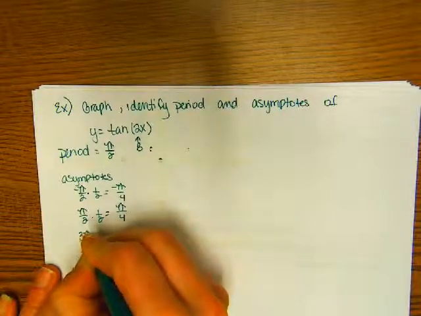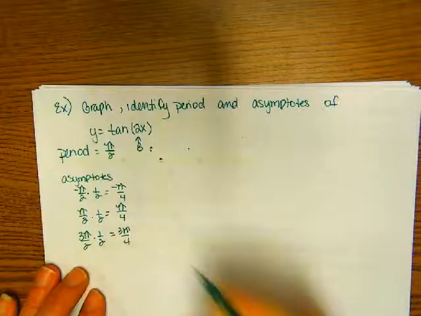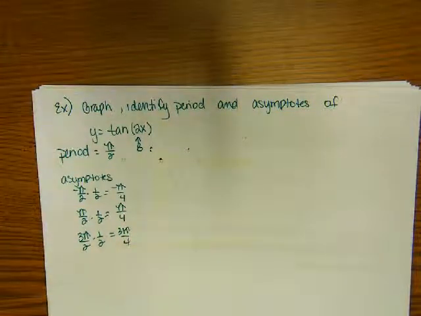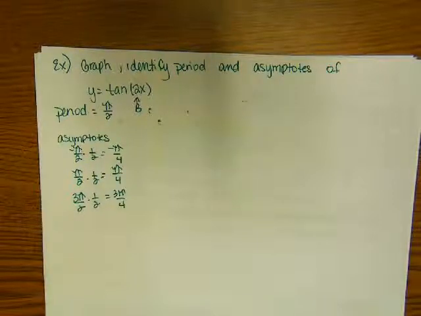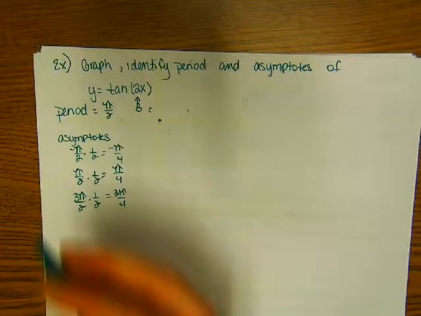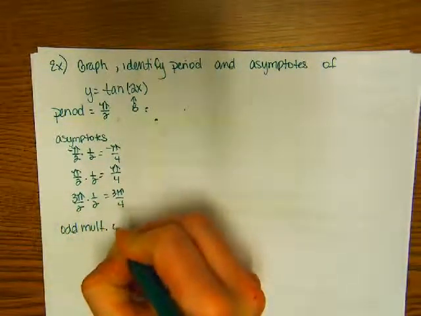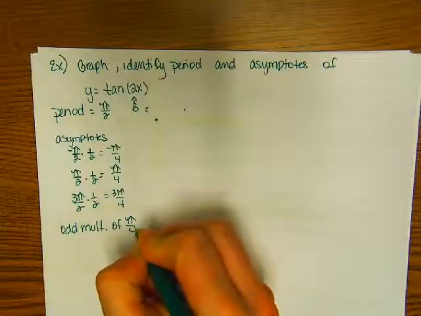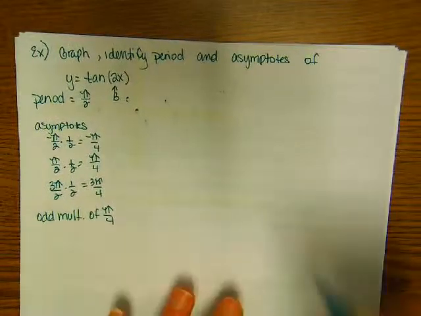Pi halves times 1/2 becomes positive pi fourths. 3 pi halves times 1/2 becomes 3 pi fourths, and so on. Remember before the asymptotes were at odd multiples of pi halves? Now where are they? Odd multiples of, what's on the denominator now? 4. Okay.